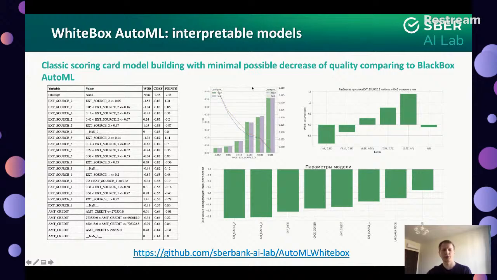More than that, all these graphs are not manually built. They are built based on the automatic LightAutoML report. So you just take one line of code to receive all of them. I will show how to do it later in the practice part.